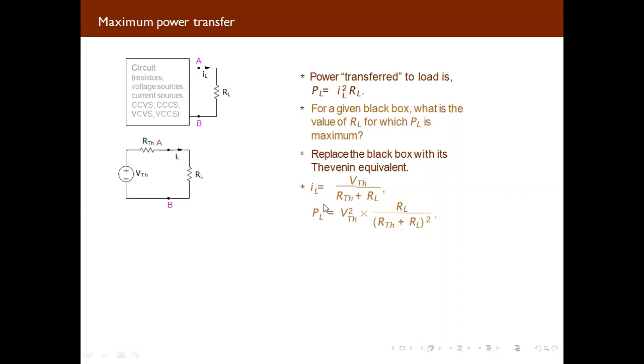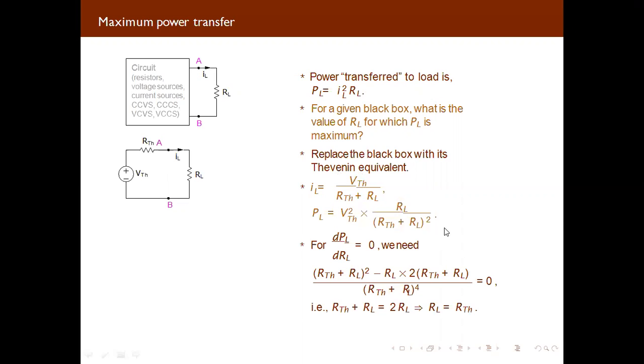If we are calculating power, you can write VTH square into RL upon RTH plus RL whole square. You can solve for the maximum value of power, and if we consider dPL upon dRL equal to 0, you will get these equations.